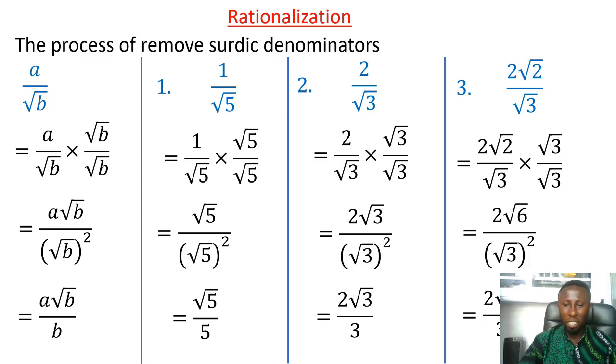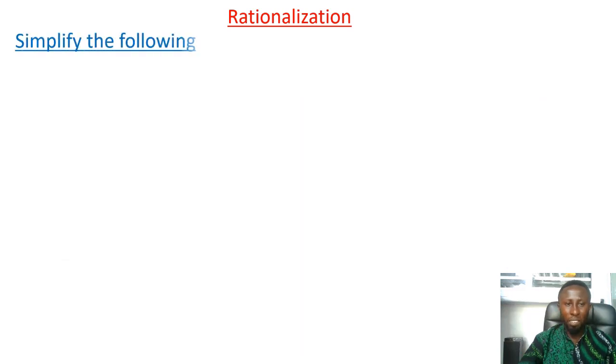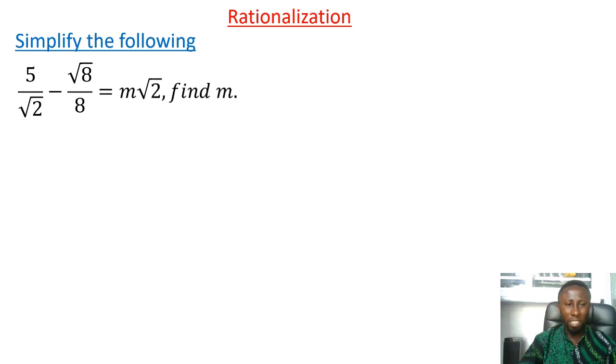This is rationalization of surds. Let's take another example under it. How to rationalize a surd. Simplify the following. This is our question: 5 out of root 2 minus root 8 out of 8.